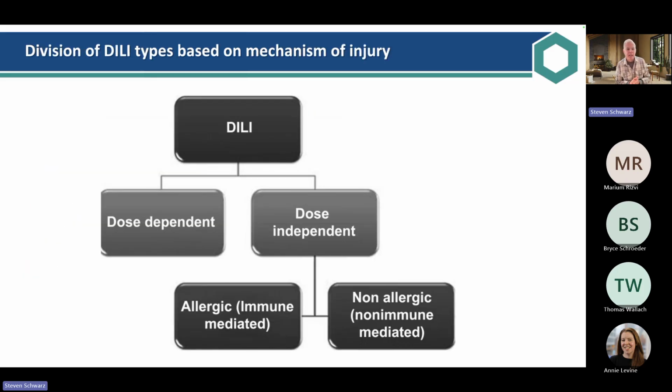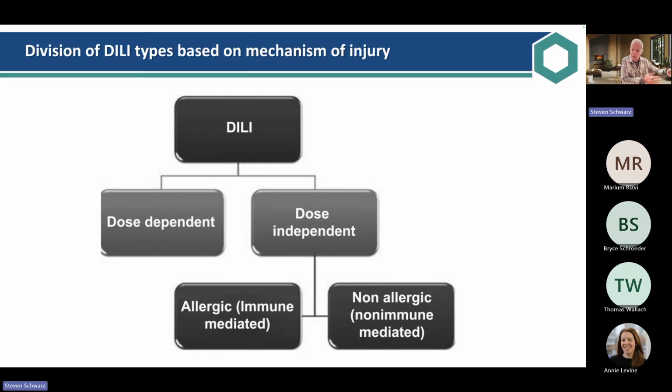So again, we can divide DILI on the basis of the mechanism of injury. Any drug given at a high enough dose for a long enough period of time has the potential for causing injury someplace. So clearly dose-dependent injury is important. But then there's dose-independent, which may be idiosyncratic.